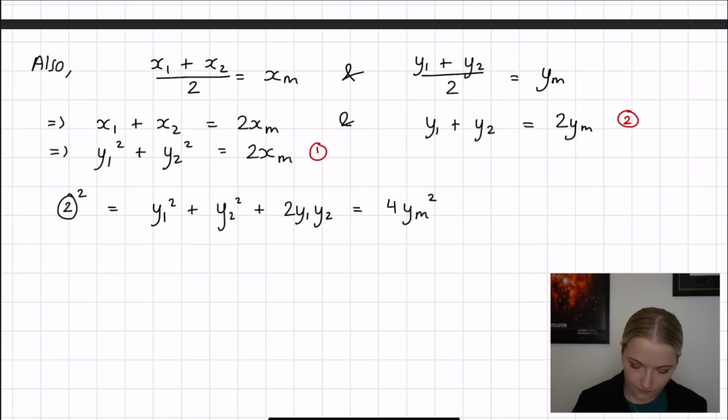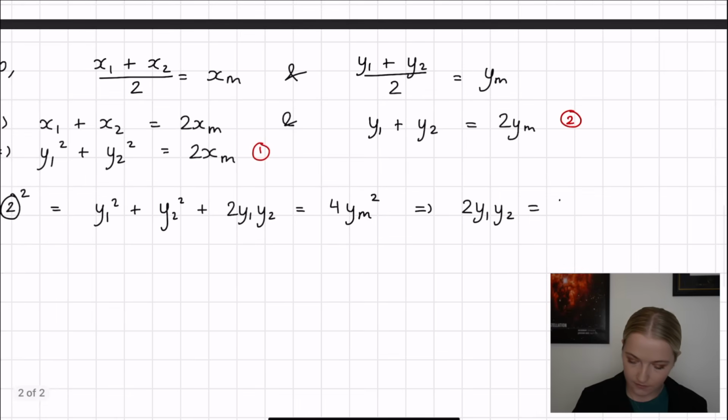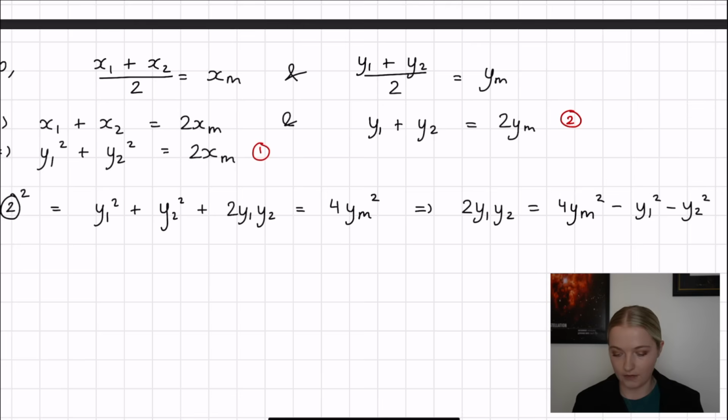So from this, we can say 2y1 y2 is going to equal 4ym squared minus y1 squared minus y2 squared. But what is minus y1 squared minus y2 squared? Well, that just equals minus 2xm.